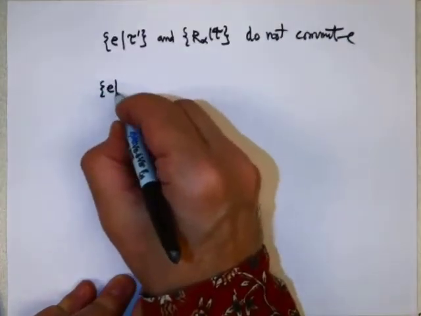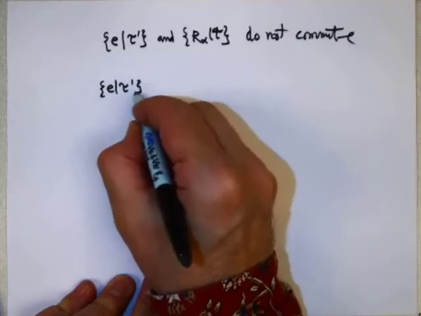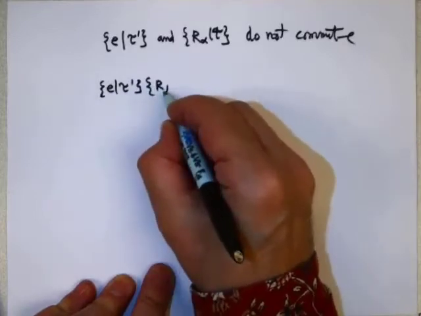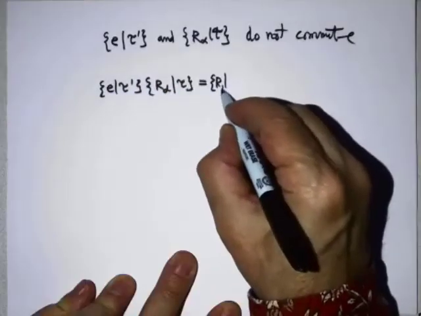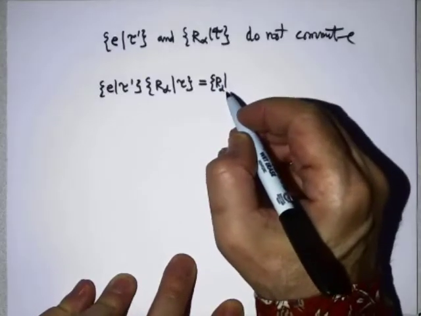So you get rotation by alpha. So this is what we get in one direction.